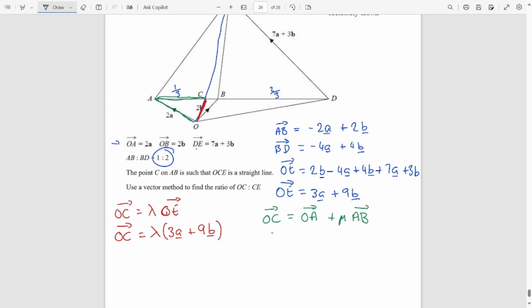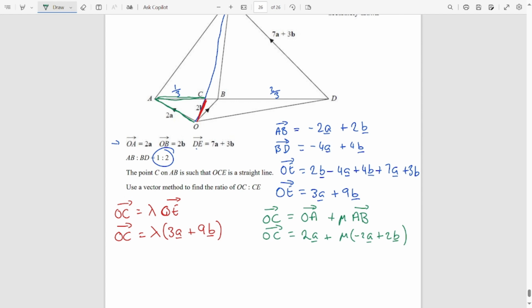Now, again, I'm going to substitute these in because I actually know what both of these vectors are. So OA is 2A. And then I want some fraction of AB. And AB is minus 2A plus 2B. Okay, this is looking pretty good now. What I have is the same vector two different ways.